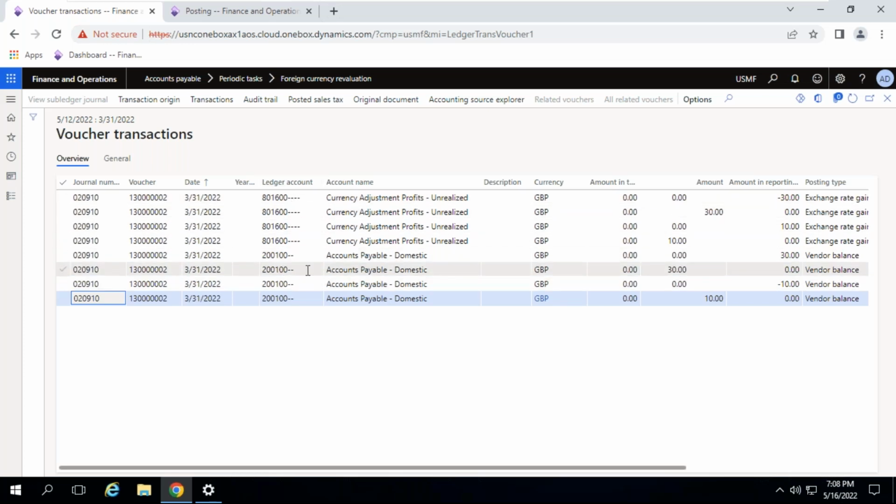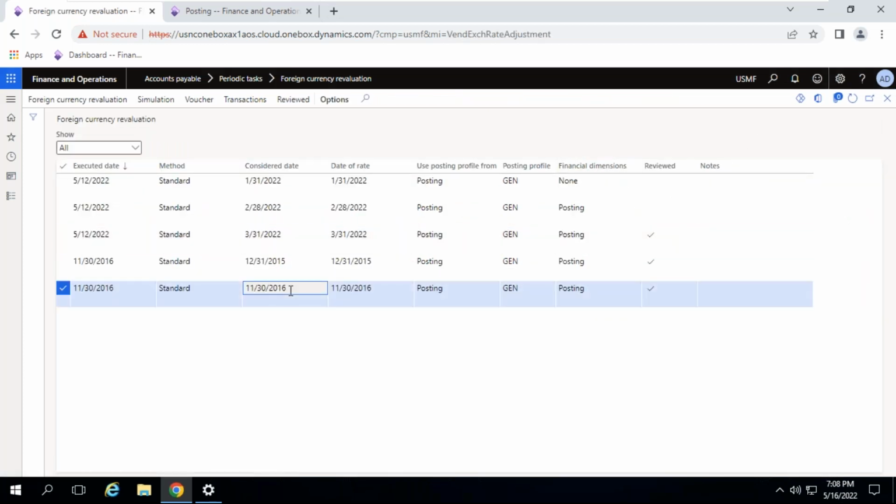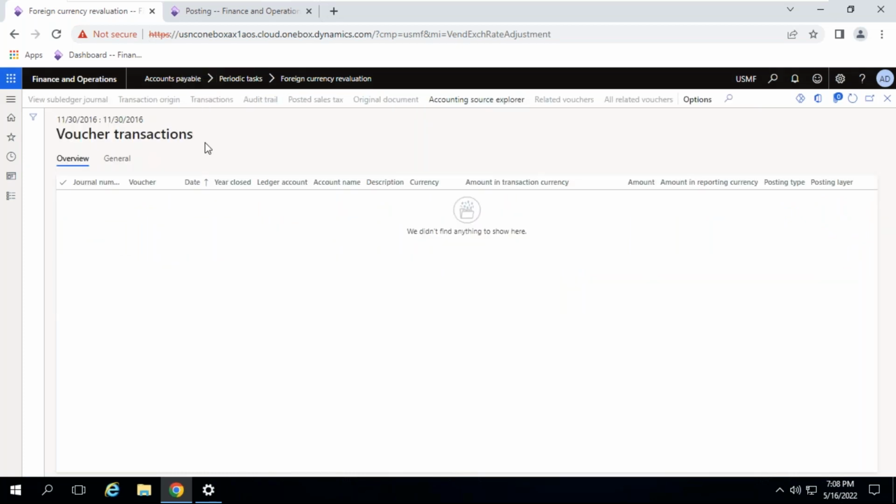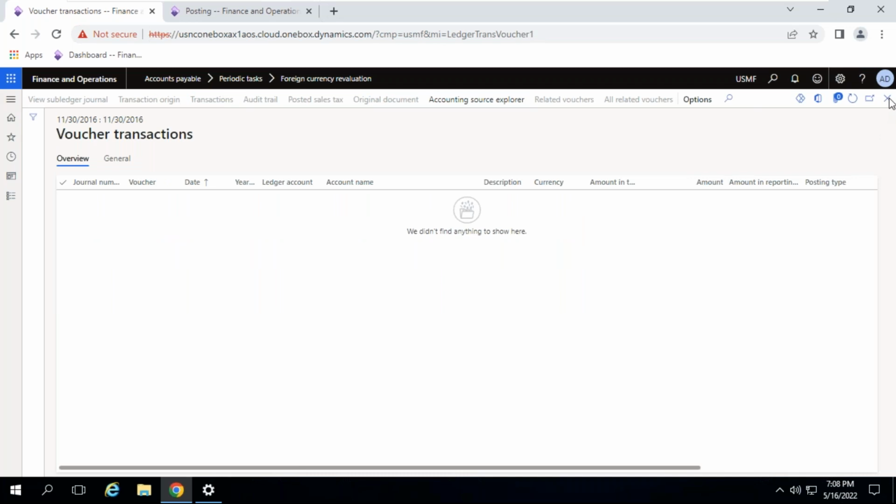If dimensions are available in the vendor transaction, automatically those dimensions will be populated here. Let me verify, is there any dimensions here? No.